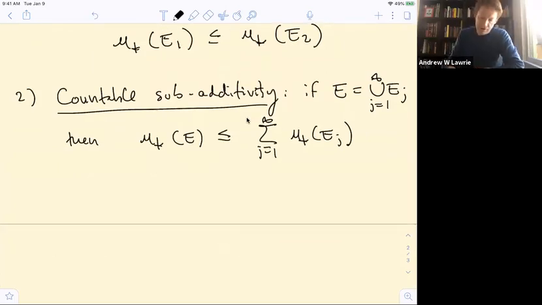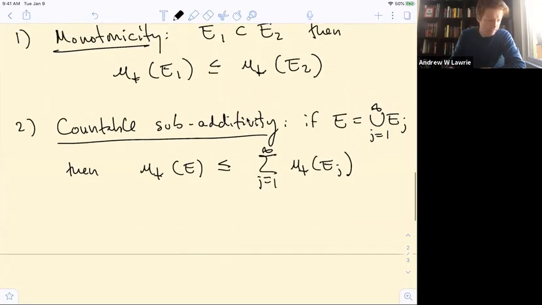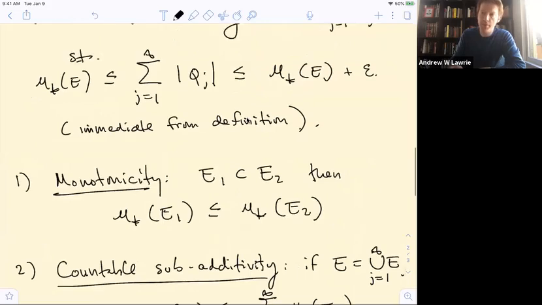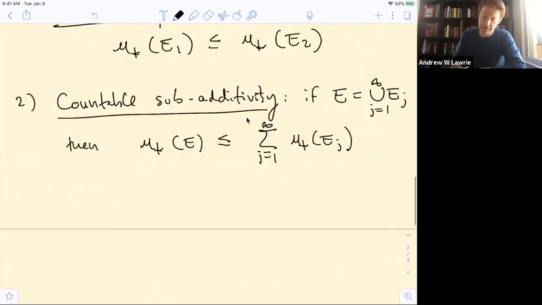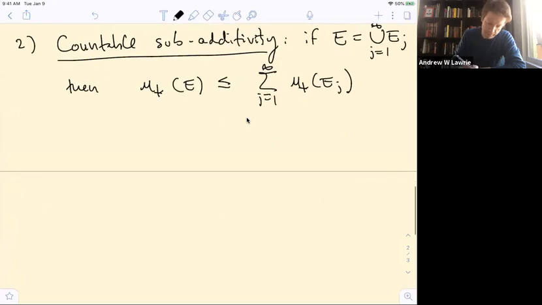So this requires some proof, but the main ingredient is going to be property 0, namely that we can almost realize the inf in the definition. So, the proof.